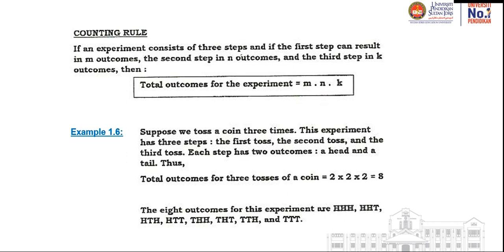which is 8. Okay, so this counting rule really helps you to check whether your list of possible outcomes is correctly complete or not.